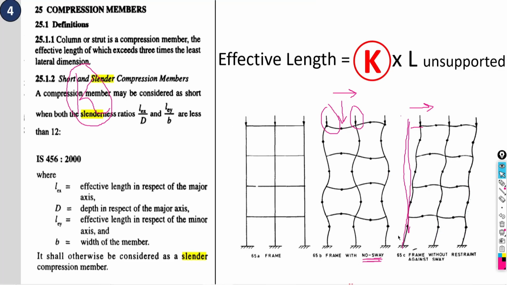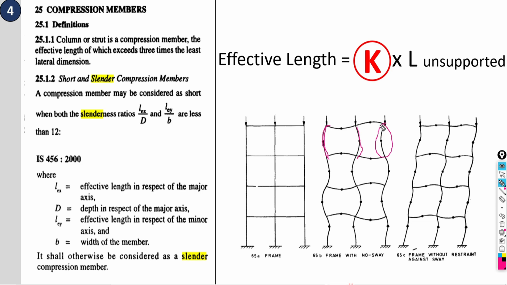If you see here, the column is not going to change its position in its plane, it is only going to be displaced. So there is no chance of extension of the length of this column. In its position it is going to be displaced.